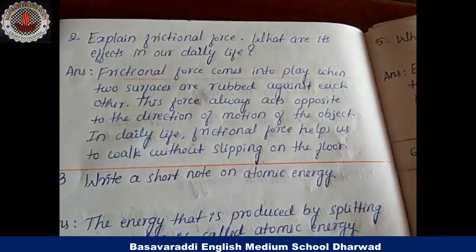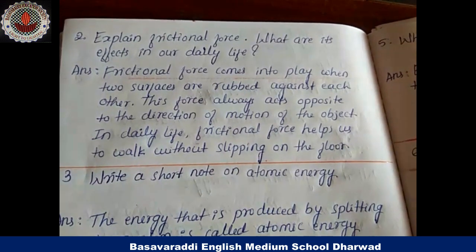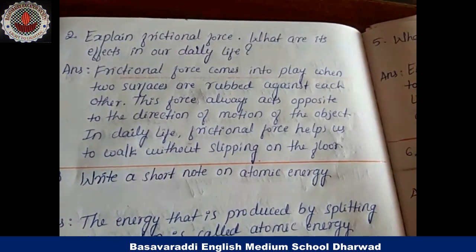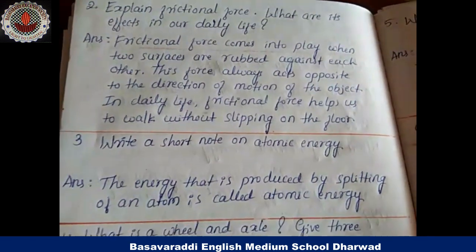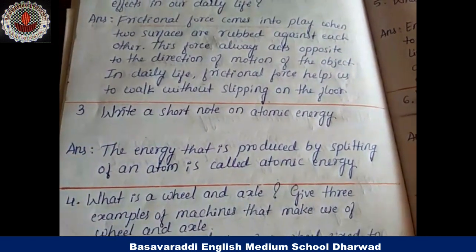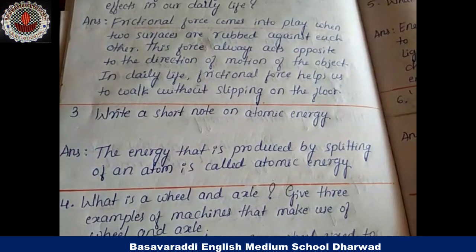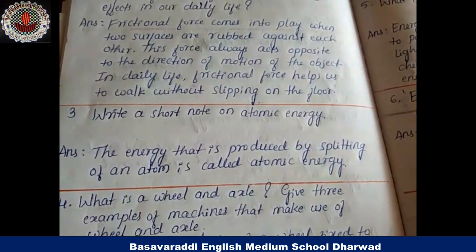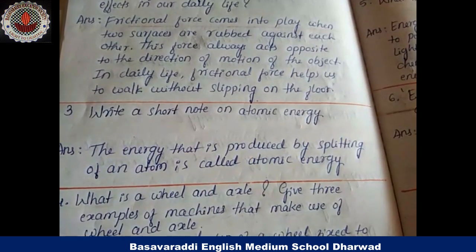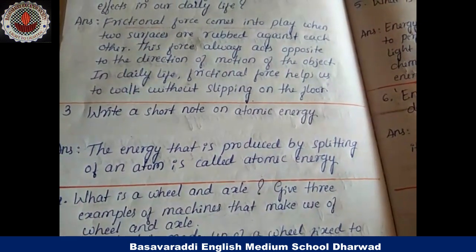In daily life, frictional force helps us to walk without slipping on the floor. Next, third question is, write a short note on atomic energy. Answer. The energy that is produced by splitting of an atom is called atomic energy.